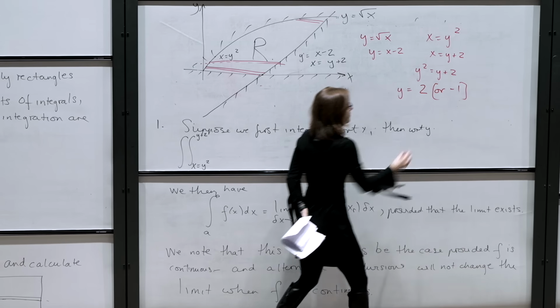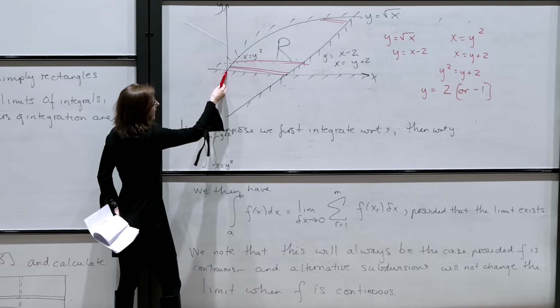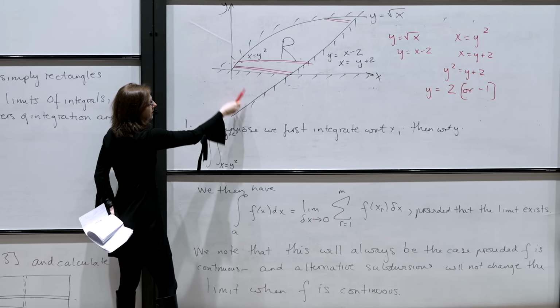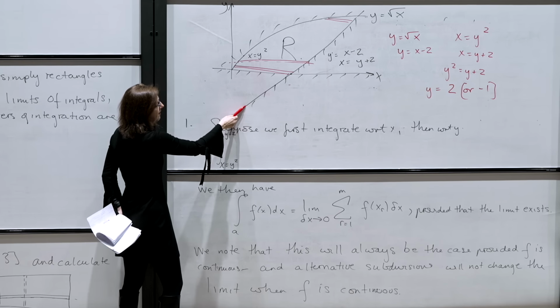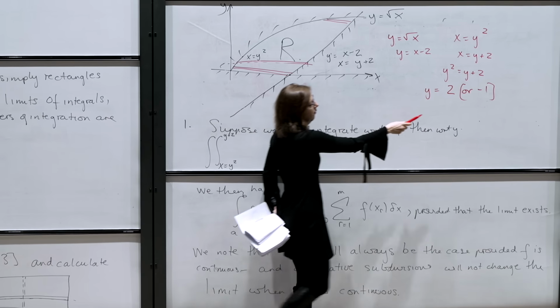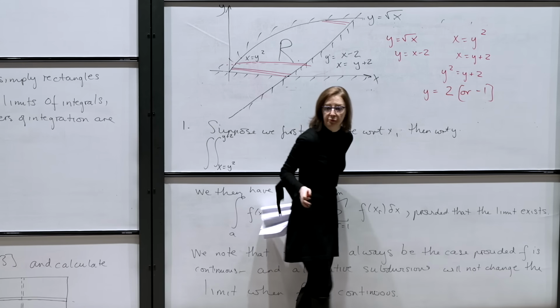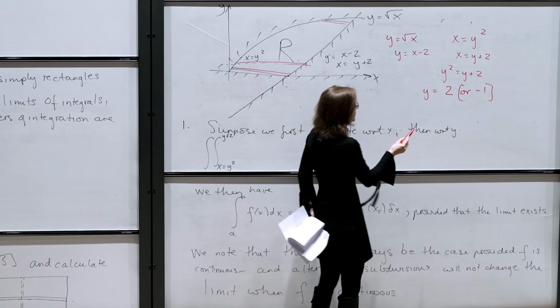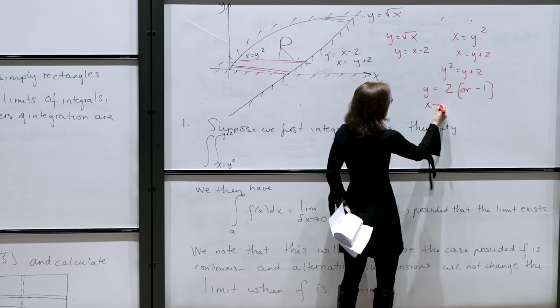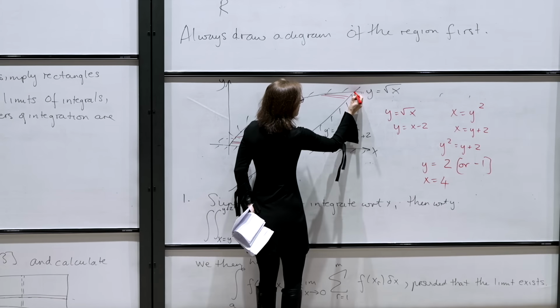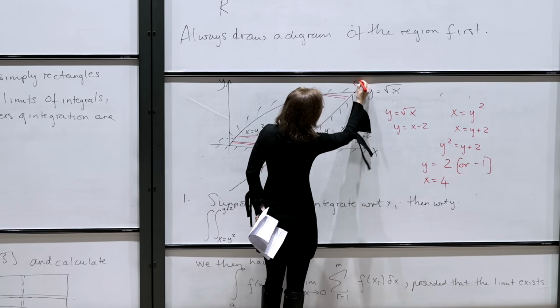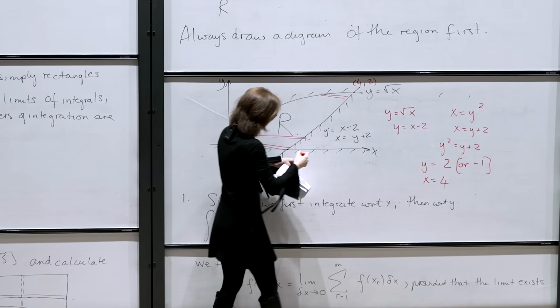The other solution corresponds to extending this parabola into the lower half of the plane, where it intersects this line at y equals minus 1, so we don't want that one. I also need to know the x value. When y is 2, then clearly x is 4. So this point of interest up here corresponds to (4, 2).